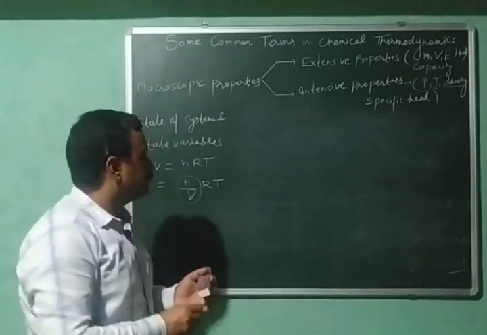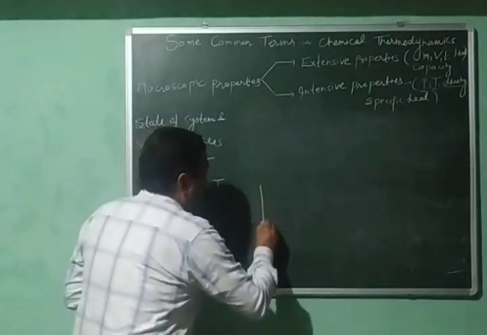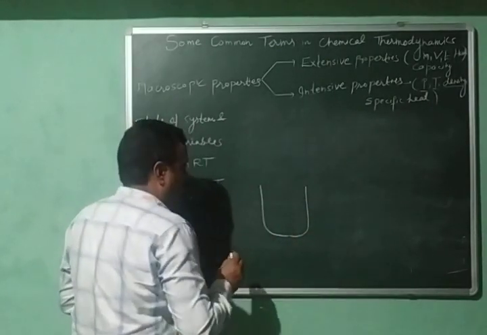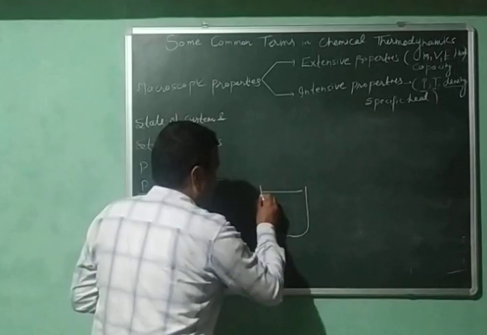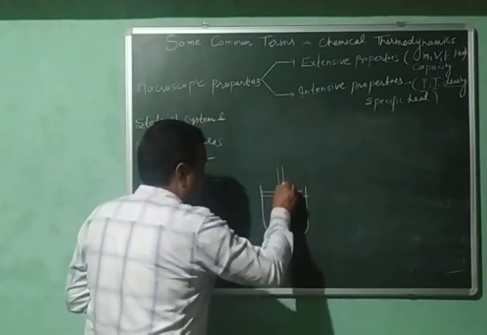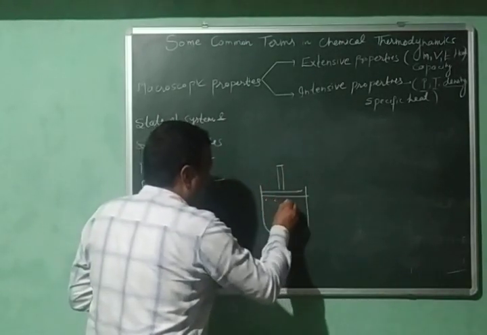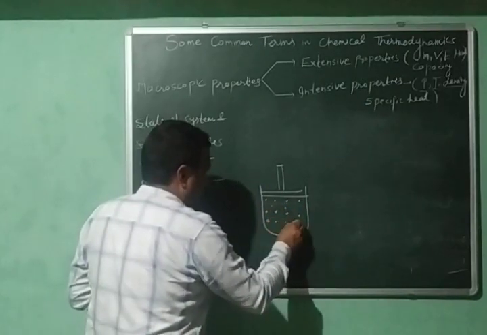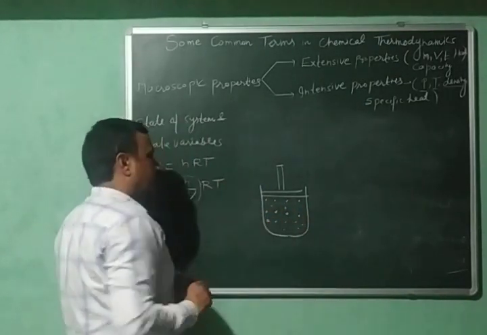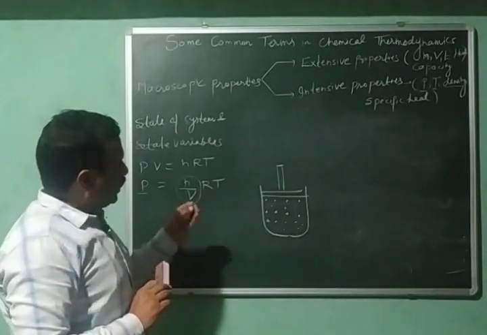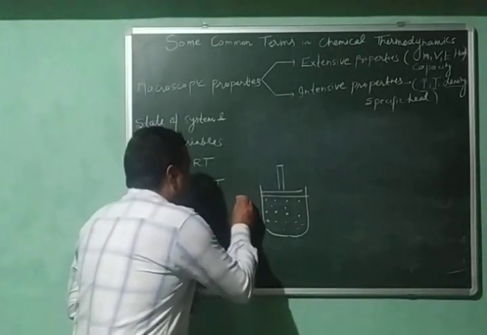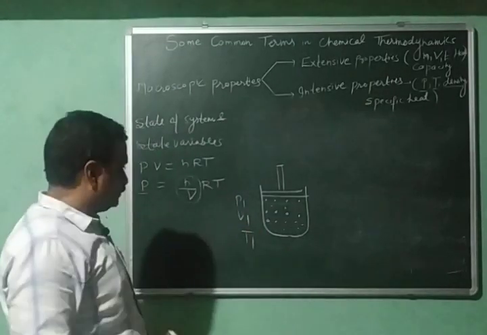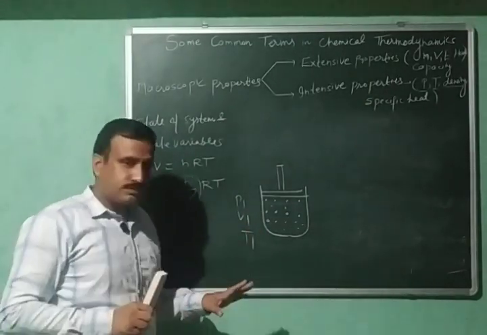For example, if I have an ideal gas or any gas in this container, and this container is fitted with a piston, and its pressure is P1, its volume is V1, and its temperature is T1.